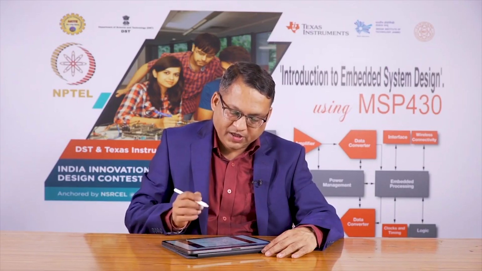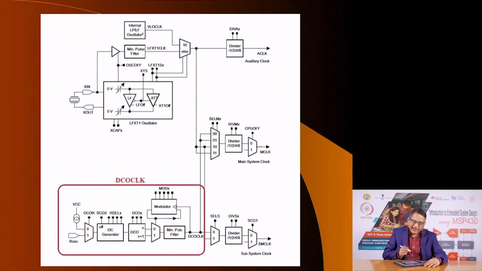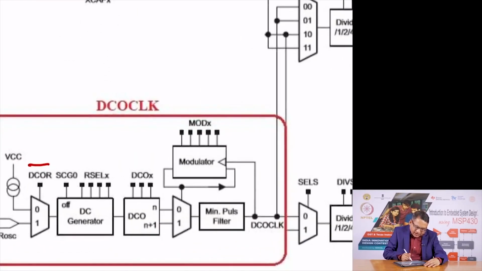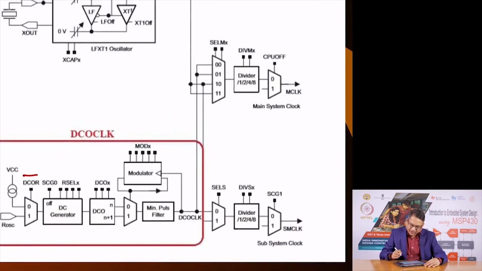and this is the source of the clock. As you see, this part in the block diagram here, lower side, is highlighting the DCO clock, and all these names that you see here refer to various bits in various registers that we will see very soon, which allow you to change the frequency of the DCO oscillator, digitally controlled oscillator.